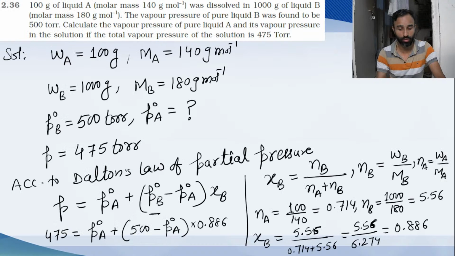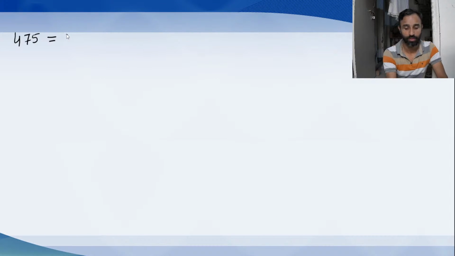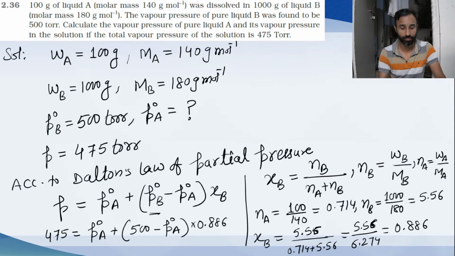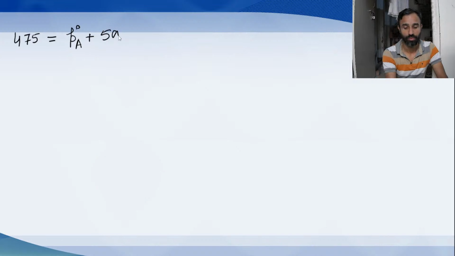So it is 475 equal to P naught A plus 500 into 0.886 minus 0.886 P naught A.